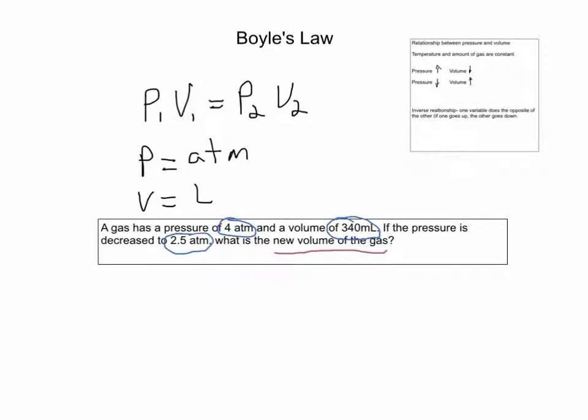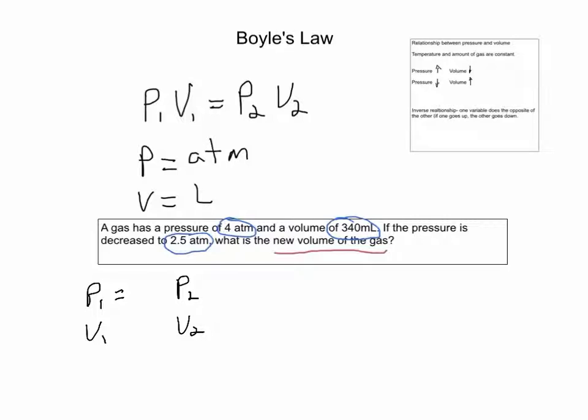So I know I have pressure and volume, so that means I need to use this equation, pressure and volume. And I'm going to write a list of variables. I have a P1, I have a V1, I have a P2, and I have a V2.